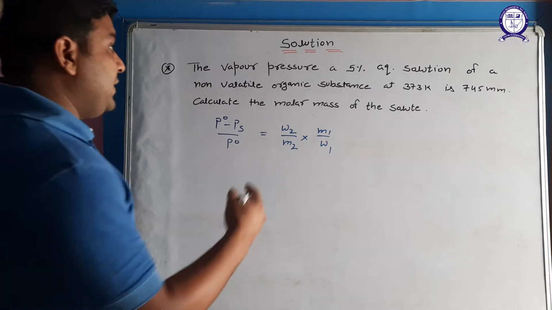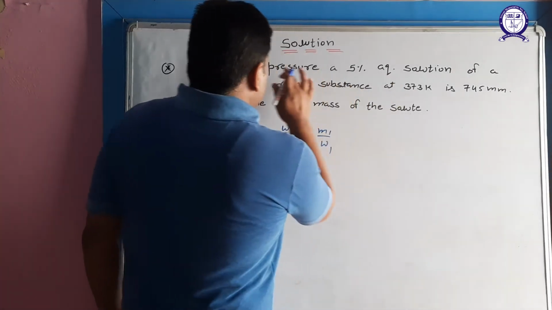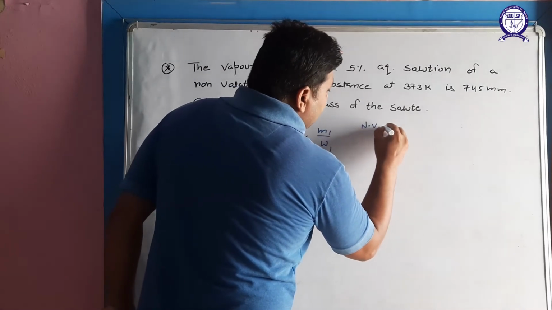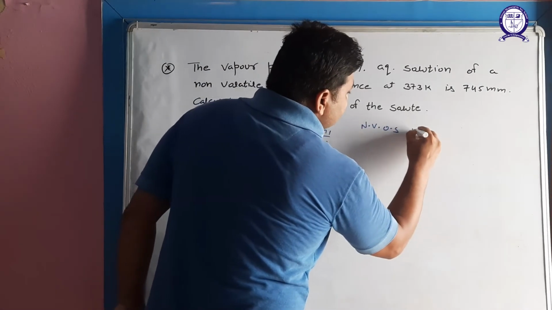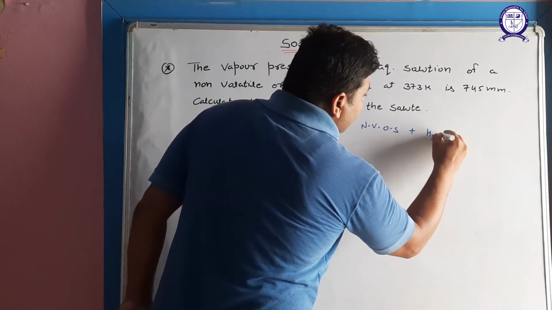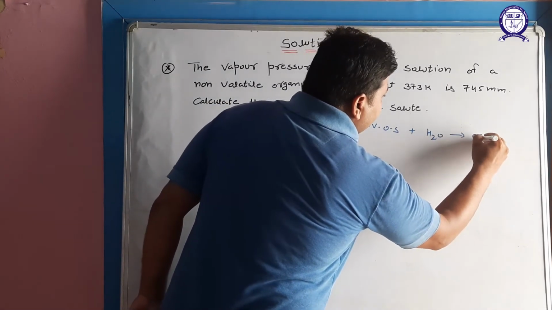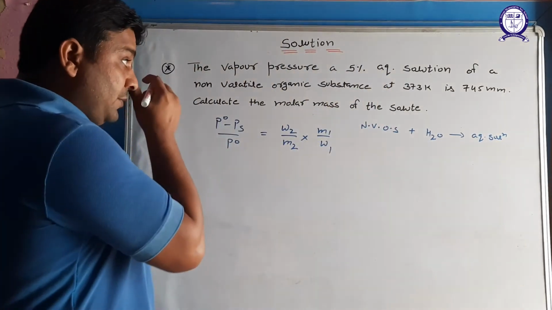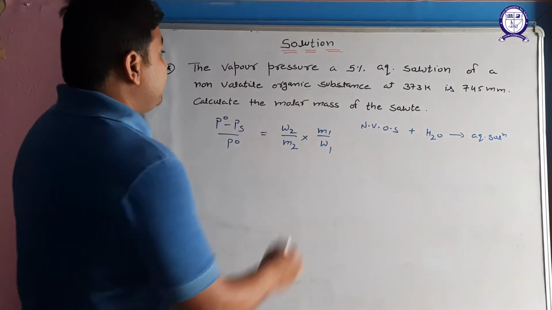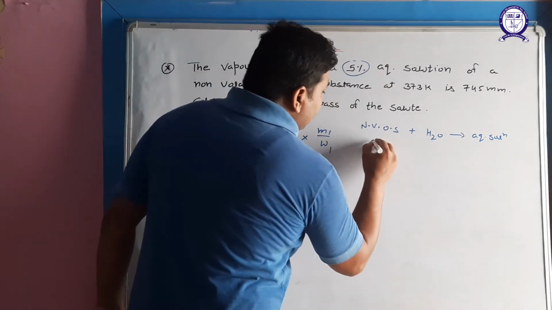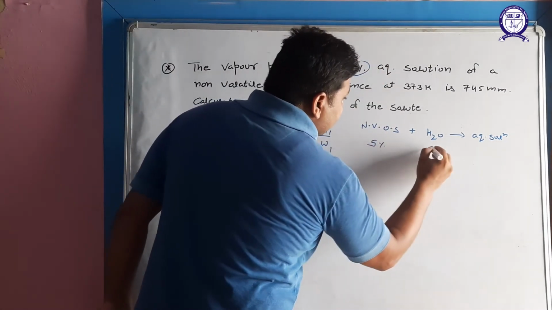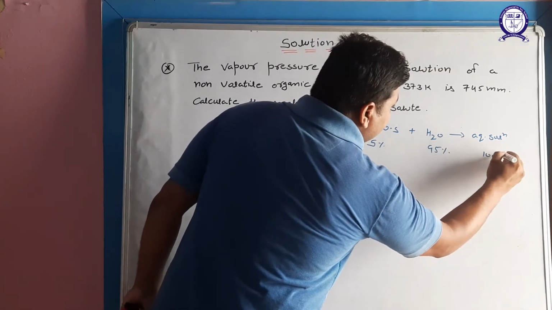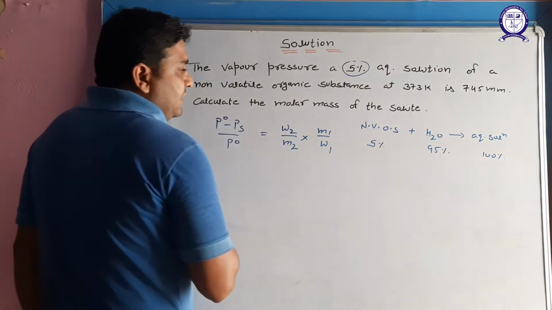Clear? We prepare a reaction. A non-volatile organic substance combined with water gives the formation of an aqueous solution. Firstly 5% non-volatile organic substance, then 95%, and then 100%. Clear?